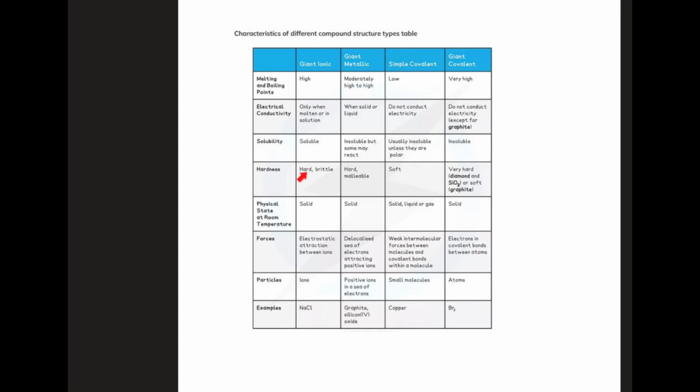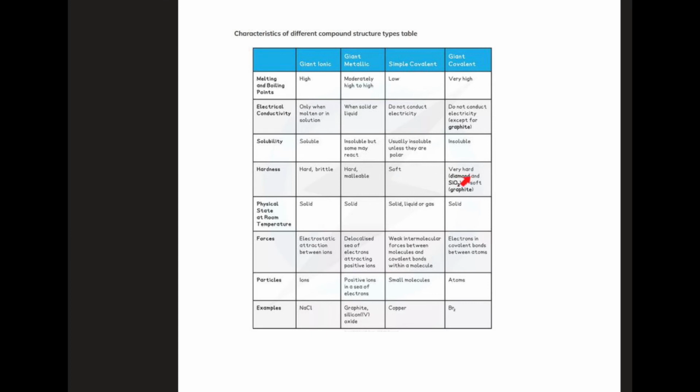Hardness: ionic is hard, brittle. So it is hard, but it can easily break into small pieces. Metallic is hard, malleable. Then simple covalent is soft.